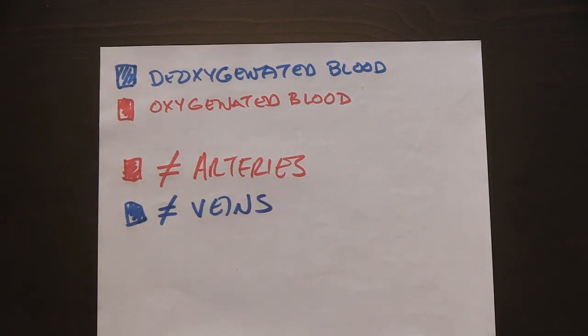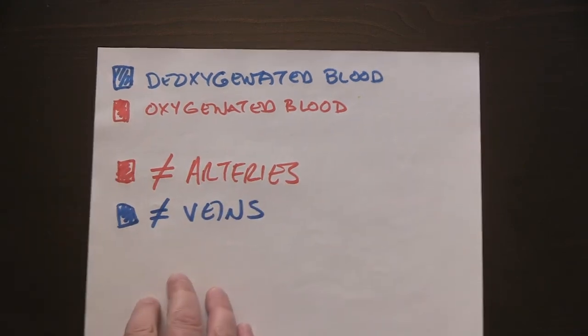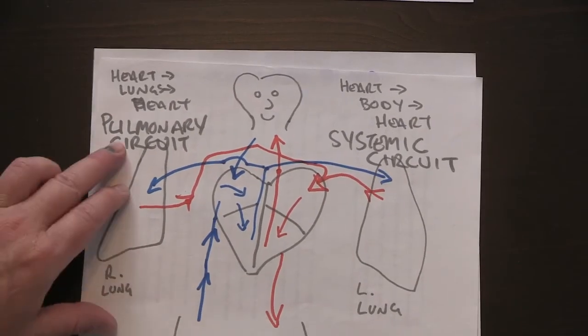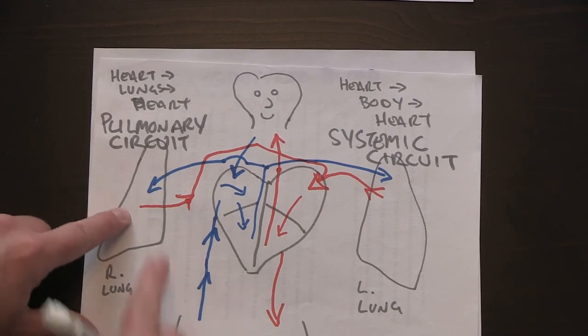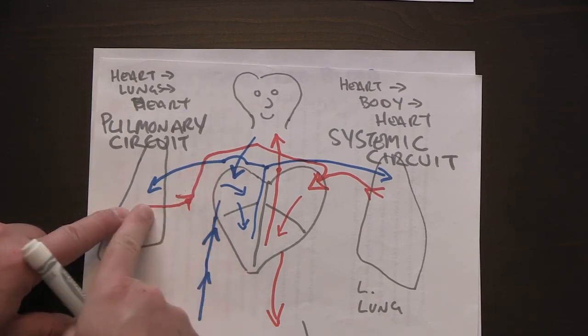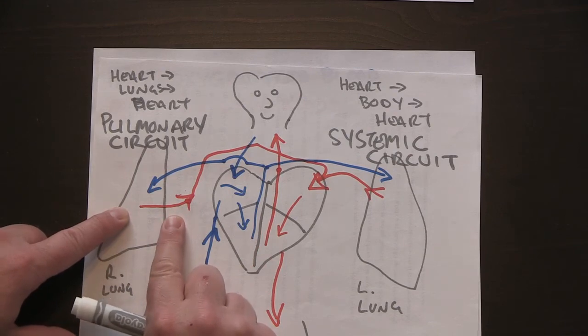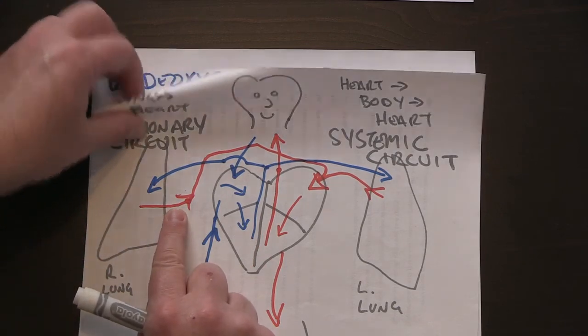Okay, that's important to point out because depending on which circuit we're in, if we're in the pulmonary circuit, returning blood to the heart, this is oxygenated, but these are called veins, even though they're carrying oxygenated blood.